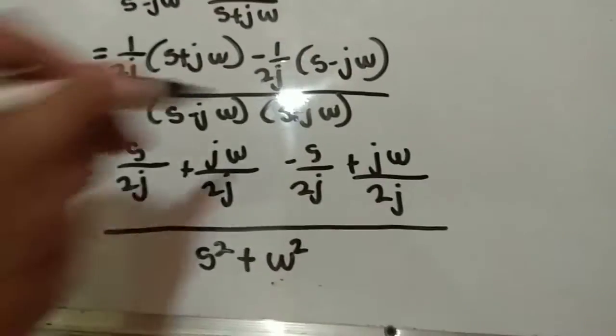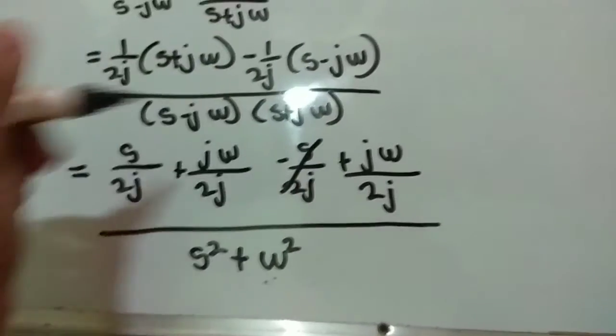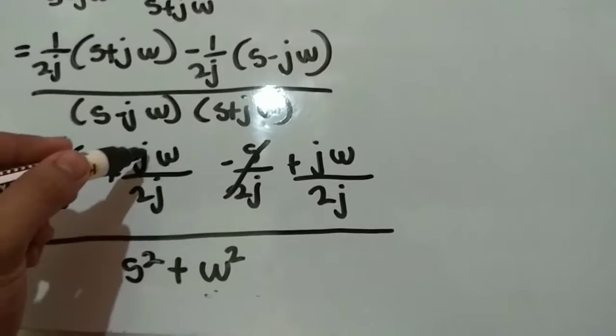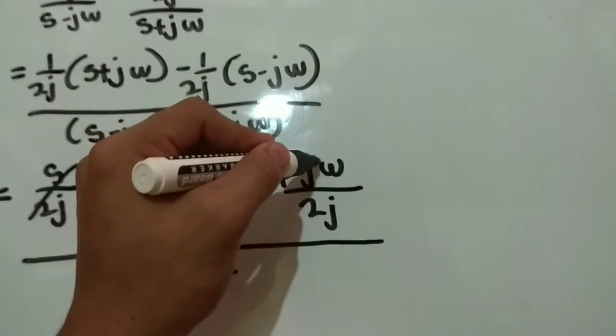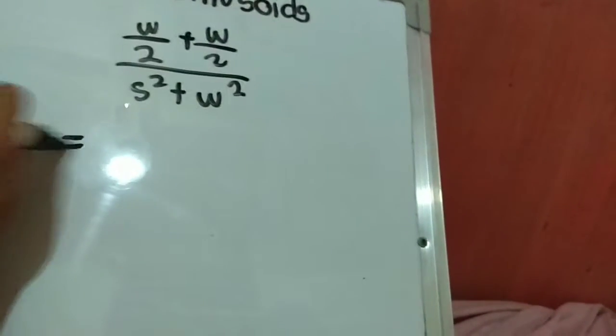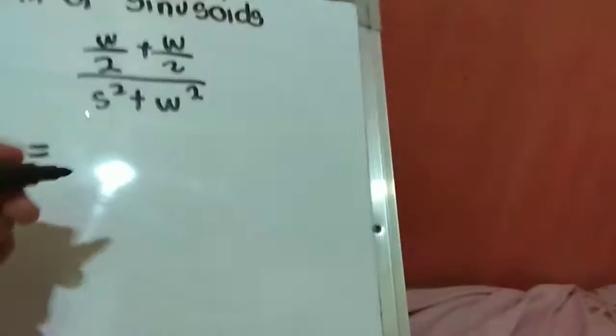And we can cancel this and this, and the j, so the remaining values are omega over 2 plus omega over 2 times s squared plus omega squared. 1 half plus 1 half is equal to 1.